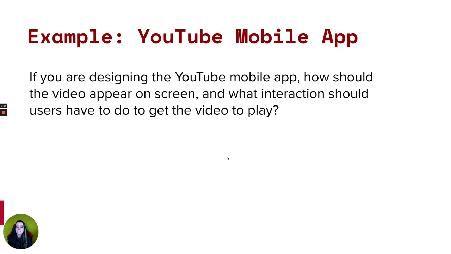If we're designing this YouTube mobile app, we have lots of decisions we have to make about what it's going to be like. For example, one of those specific decisions is how should a video appear on the screen in our app, and then what interaction should users have to get the video to respond to them, to play it, to get it to appear and be a video and work on their screen?